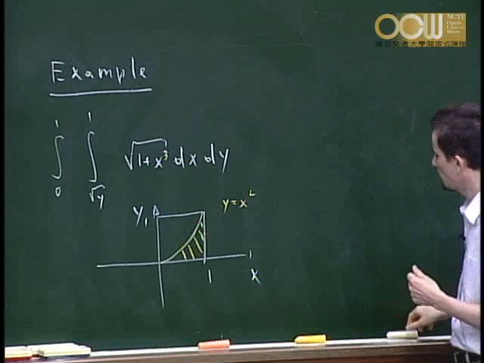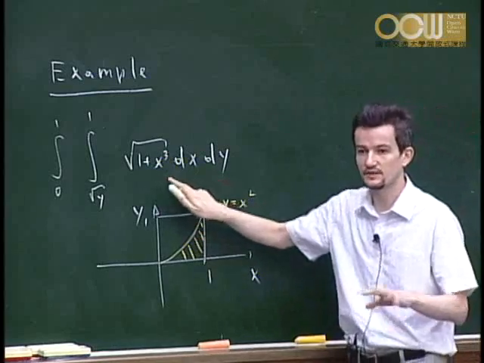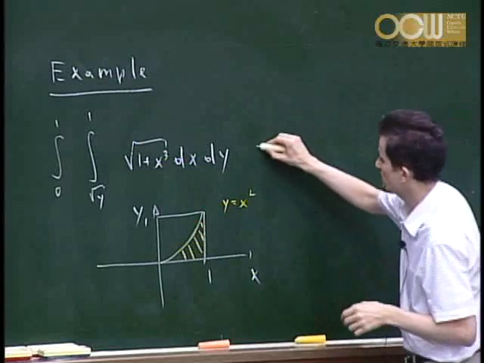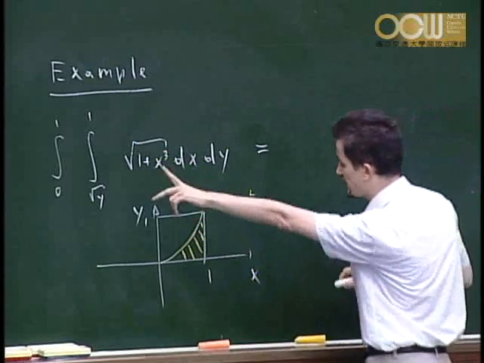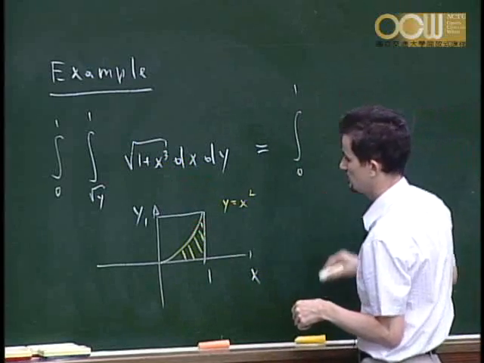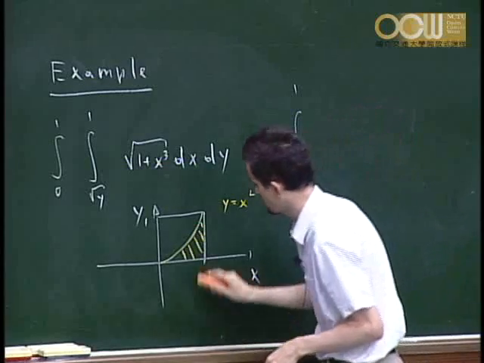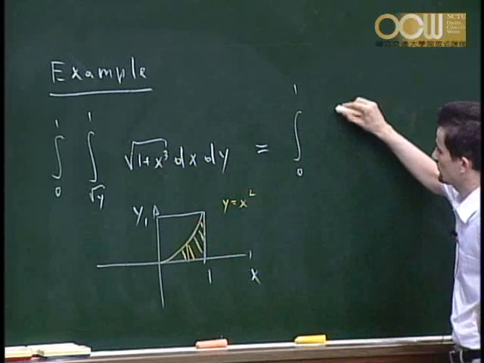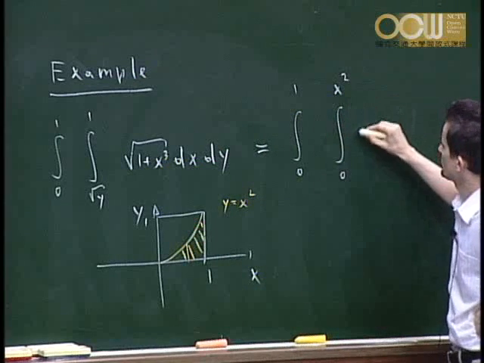Now, because this function is continuous, we can interchange the order of integration and get the same value. Now x goes from 0 to 1, and then y: you fix an x value and go along y, but y goes from 0 to x squared, and then you have this here.